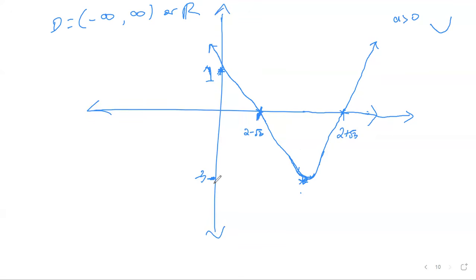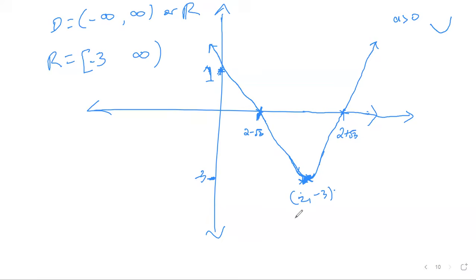So the y values will only take values from minus 3 and then go up to infinity, so the range will be the interval [-3, infinity). Minus 3 is included because it is the turning point on the graph, (2, -3). So that's the graph of that parabola and its domain and range.